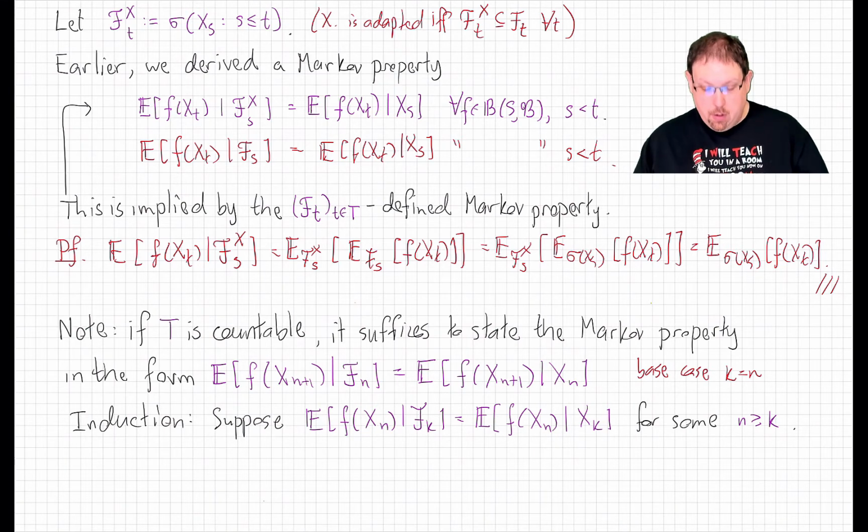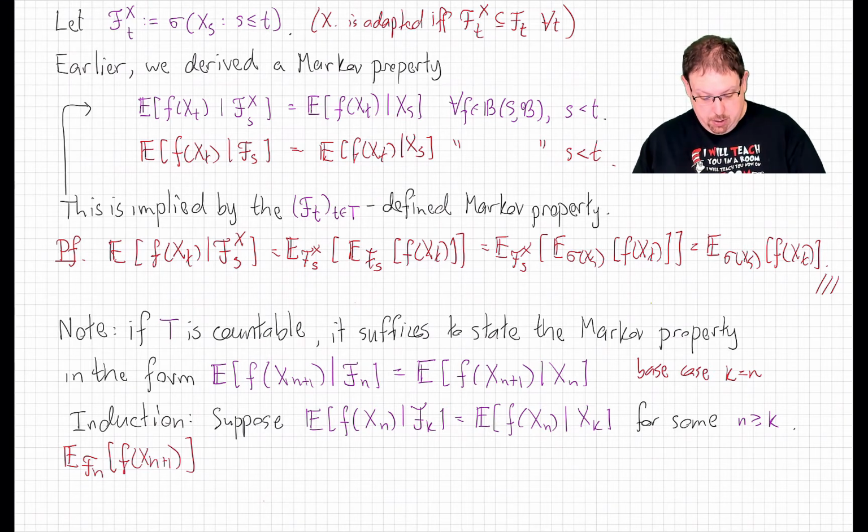So what do we know about conditioning at time n plus 1? What we know is that conditioning on the sigma field up to time n, we get the same thing as conditioning on the random variable at time n, which, as we showed on the last slide, is therefore a function of Xn.